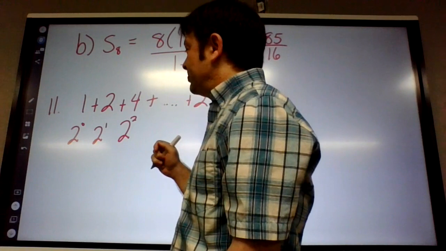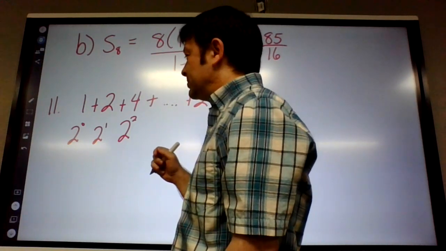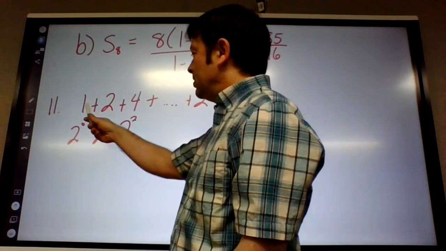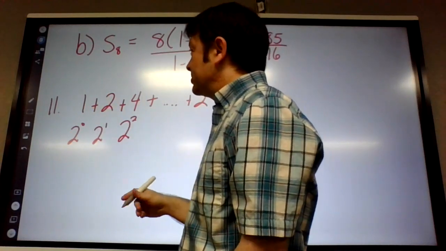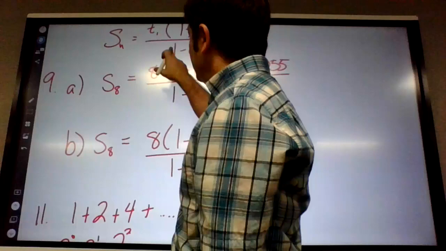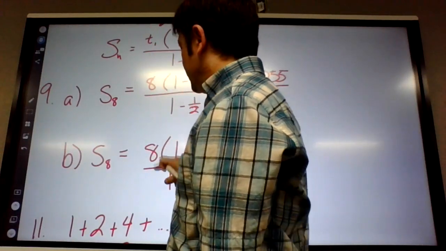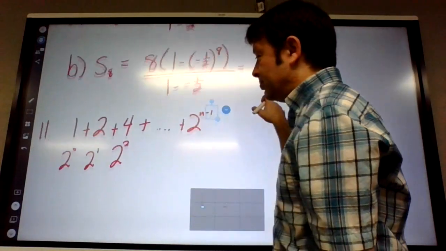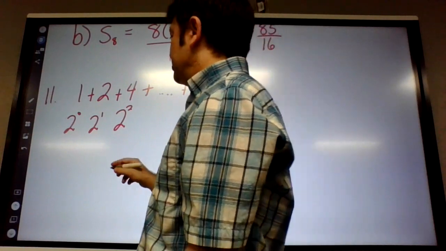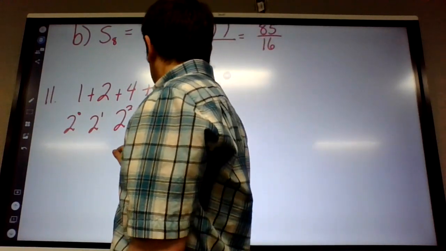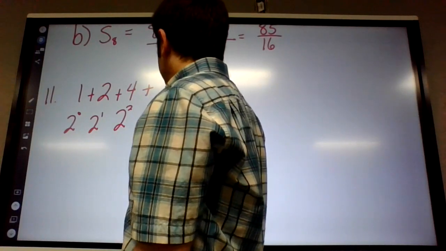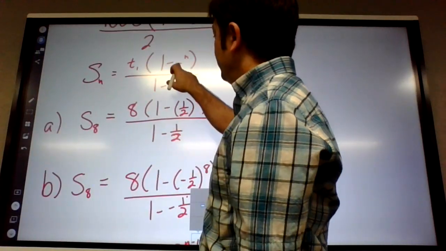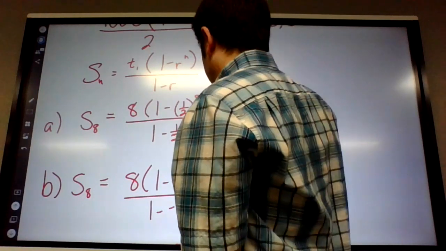Okay, is this an arithmetic or a geometric sequence? Series, sorry. Well, we're multiplying by 2 here, so it's times 2 times 2, so it's geometric. So we need to use that formula that we just used on 9. Alright, so what is the first term? 1. And then we're supposed to do 1 minus the ratio to the nth power.